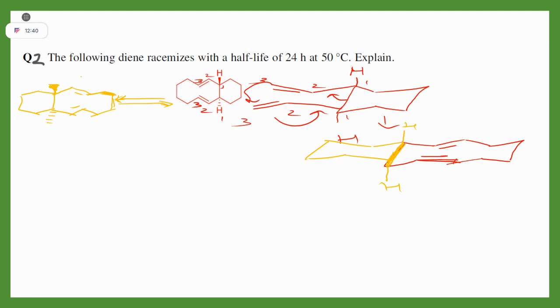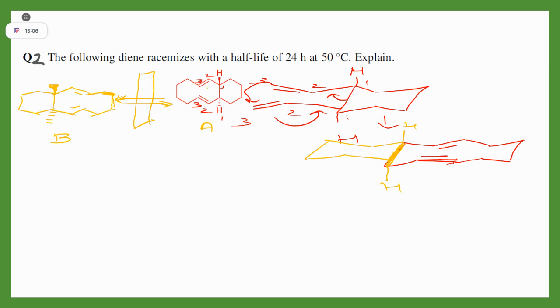So if you look at structure number A and structure number B, are they mirror images of each other? Yes or no? If you keep a mirror here, right?